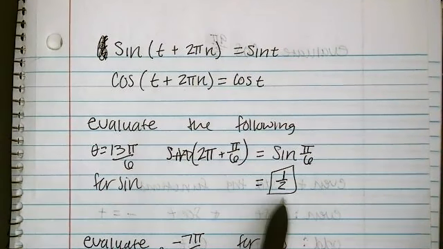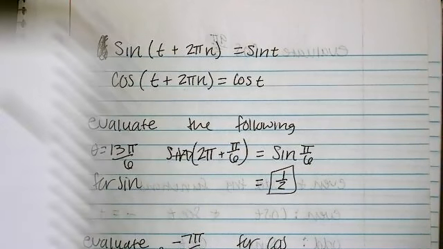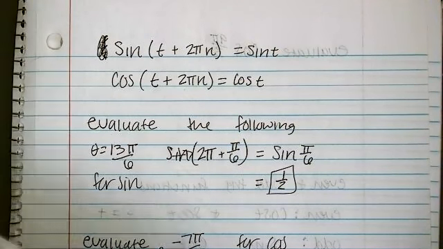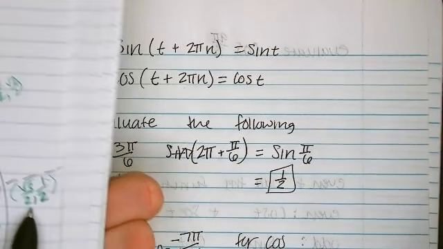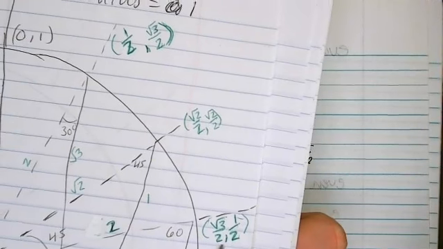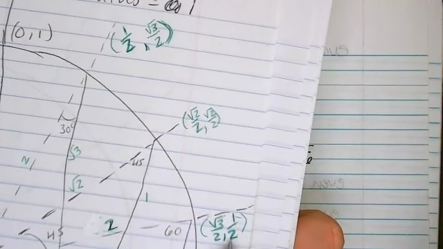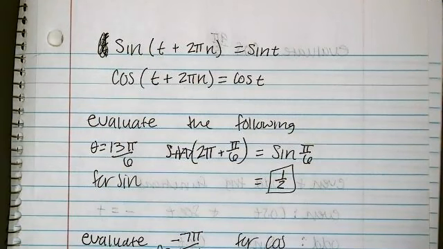Again, these coordinates are being pulled off the unit circle. If we go back to the unit circle, pi over 6 is right there. So the y value at pi over 6 is just 1/2 in that coordinate.